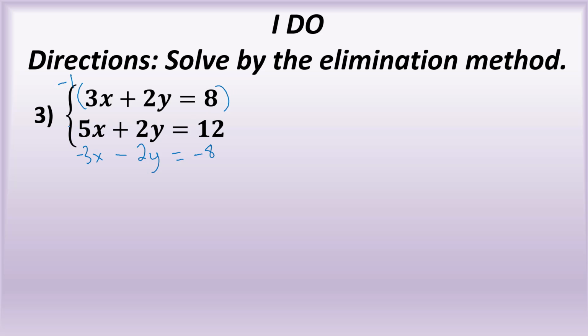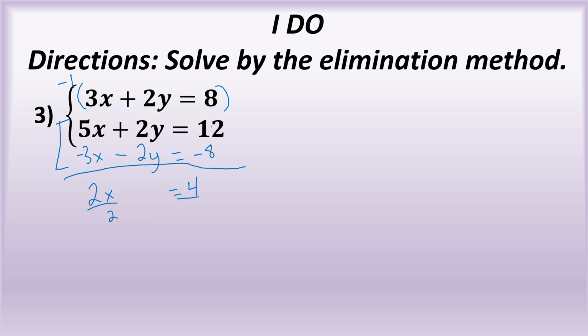This means that I can combine these two equations because my lower one written in blue ink is a modification of the previous first equation. So let's combine them. 5x and negative 3x, that gives me 2x. 2y and negative 2y, well, that gives me 0. 12 and negative 8 equals 4.